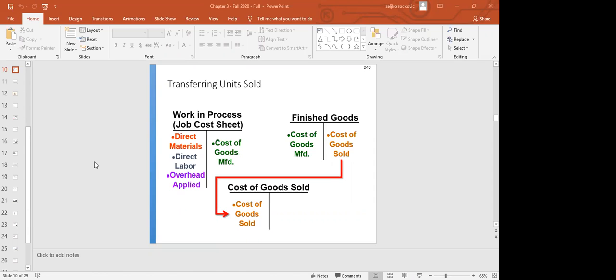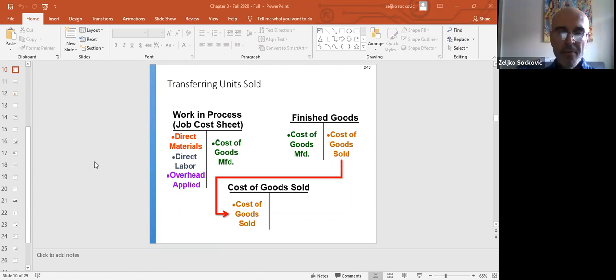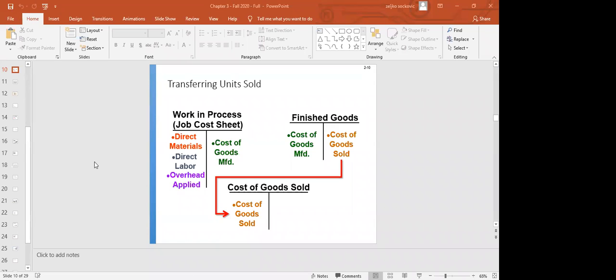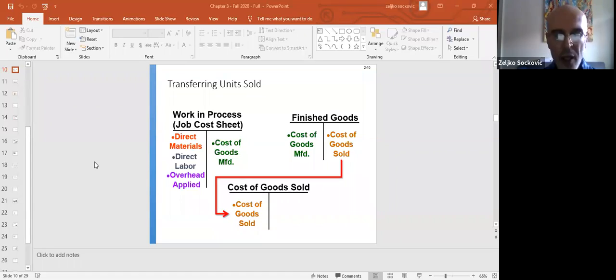We have all that information found in cost of goods manufactured: a beginning work in process, total goods manufactured, and ending work in process. We have all that information. Okay.